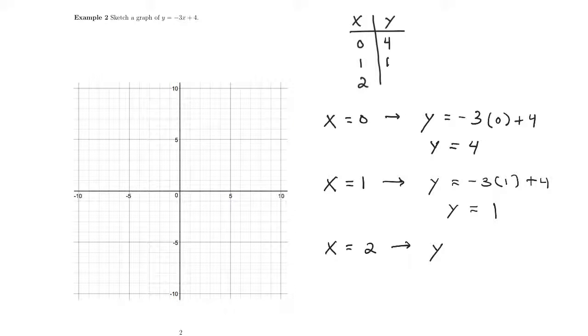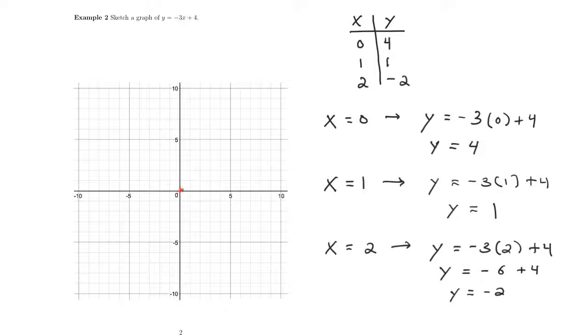The y value is negative 3 times 2 plus 4, which is negative 6 plus 4, and that's negative 2. So that's right here. So I can use any of those 3 points to graph my line. I think I'll choose this one, and maybe 2, negative 2. Again, it doesn't really matter, but those are the 2 that I'm going to choose.